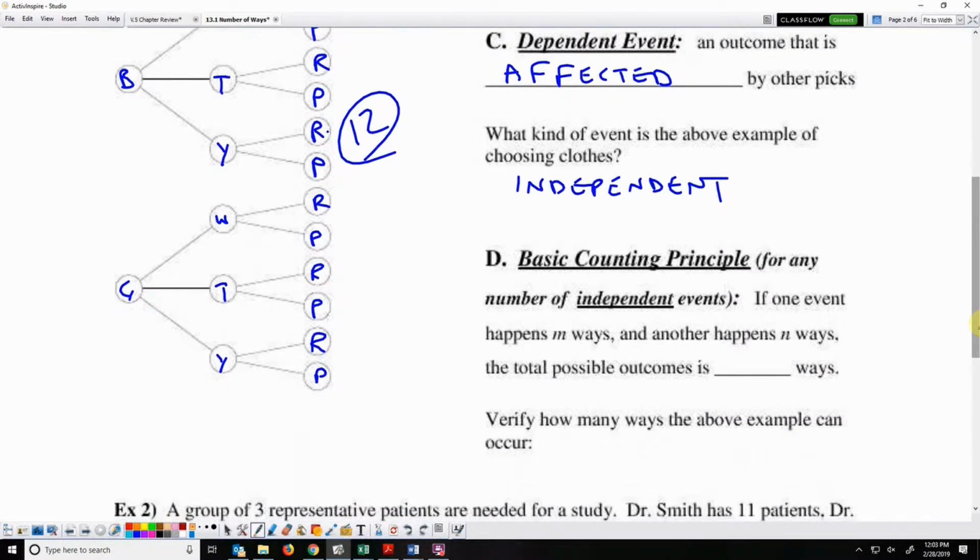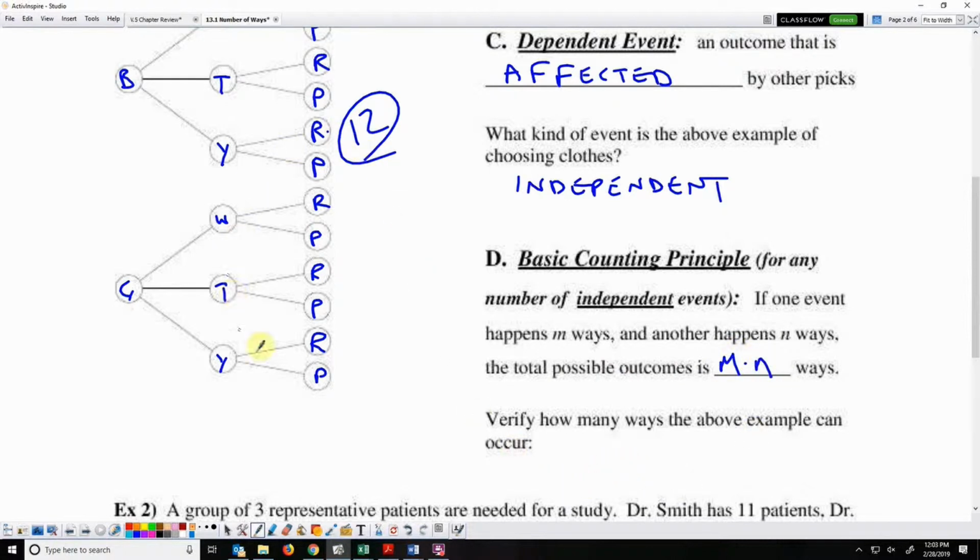Okay? Now, if we have 10 pairs of pants and 30 shirts and 27 ties, this tree diagram here is going to get awfully big. But we can use the basic counting principle for any independent events. So if one event happens in m ways and another in n ways, then the total possible outcomes is m times n. Right?